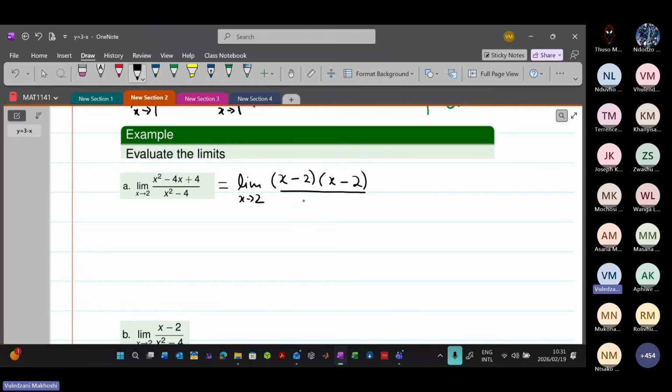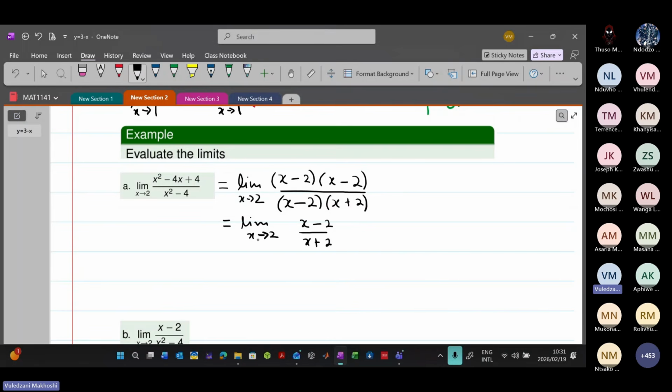The denominator can be factorized as x minus 2 times x plus 2. So we end up with the limit as x is approaching 2, this and that gone, so we have x minus 2 over x plus 2.